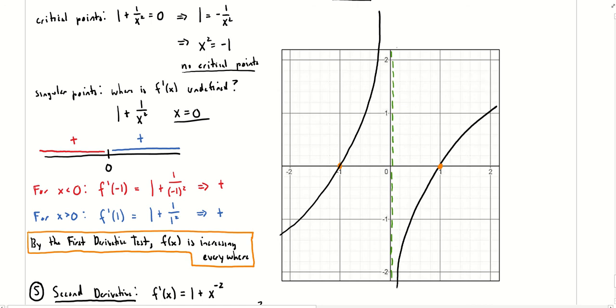So I'm limited by this vertical asymptote and by the concavity and increasing structure of this piece of the graph. Same thing here. I'm limited by the vertical asymptote, by the fact that it's increasing, and by the fact that it's concave up.